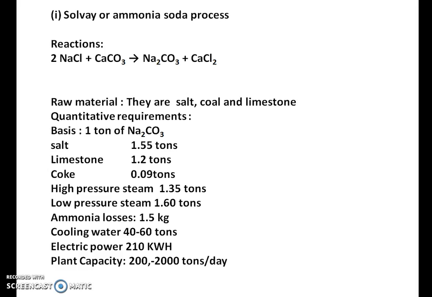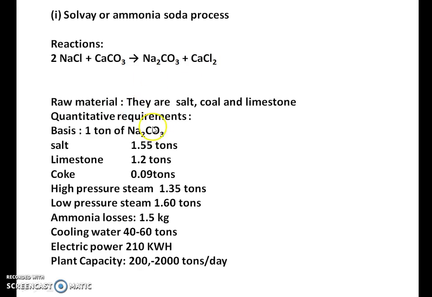So this is the Solvay process. If you want to make 1 ton of soda ash, you require around 1.55 tons of salt. As you see for the reaction, it is NaCl reacting with calcium carbonate giving you soda ash. But the problem with this process is that you have calcium carbonate, which has very little market value and has a disposal problem.